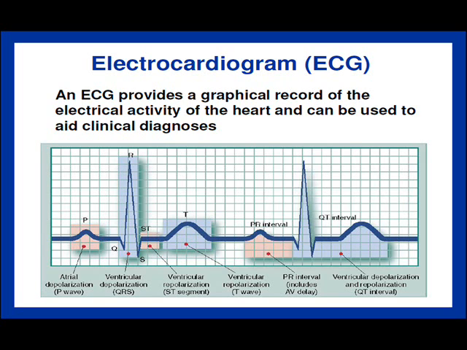Now, we have a very tall R wave. That's indicative of left ventricular hypertrophy. You've got a bigger voltage. If you've got a bigger voltage, you've got more cardiac muscle.